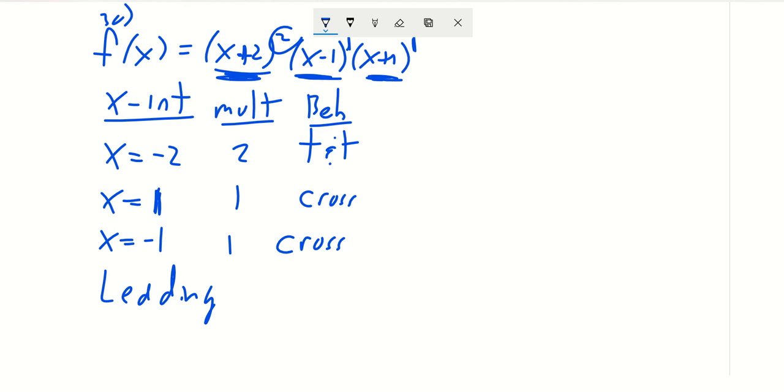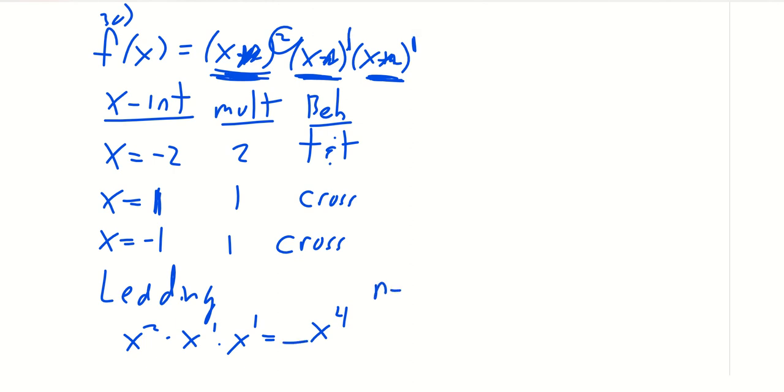The leading term is going to come from each of these factors by taking the highest power of x within each factor. So if I imagine crossing some of the stuff out, the main contributions to the leading term are going to be the x squared times the x to the first times another x to the first, which is going to be x to the fourth.